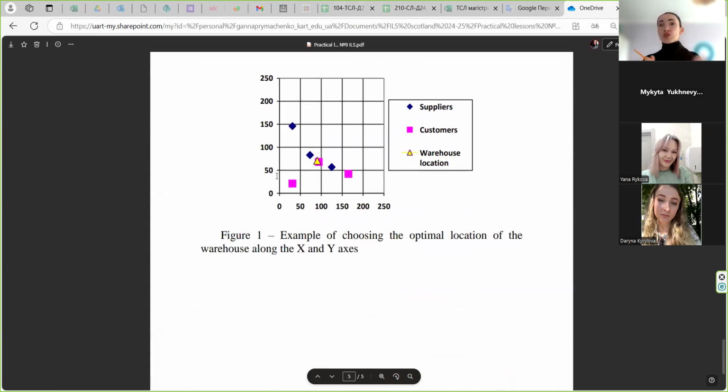We need to locate these points. So we have three suppliers. We can use, for example, points or something else to locate them on the surface. For example, different colors if you have them near you, or different figures. It is also okay. So we can locate them and find the coordinates in table 2.